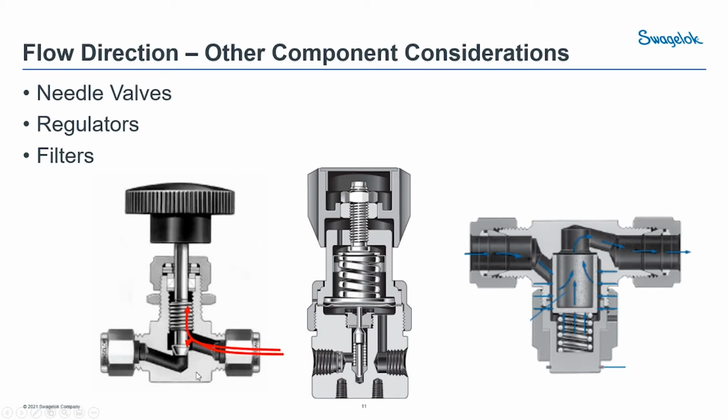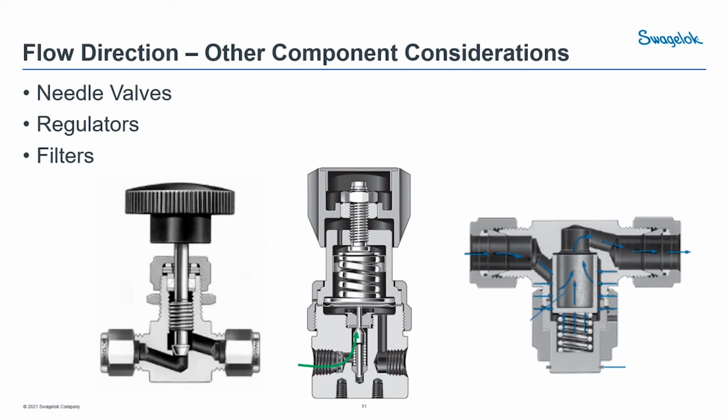Secondly, if you have it plumbed backwards and you're isolating or closing off that needle valve, you're going to keep continuous pressure on the valve seat itself, on the valve packing, and that could cause leakage down the line. So you want to avoid that if at all possible. That's especially true if you're doing sample cylinders. You want to make sure that you put those in correctly with both flow arrows pointing away from the cylinder so that you're containing pressure adequately when transporting.